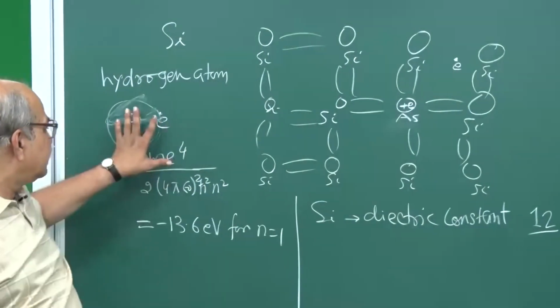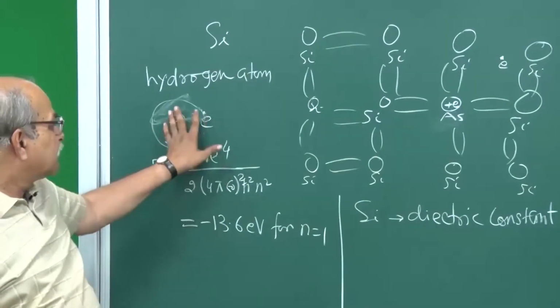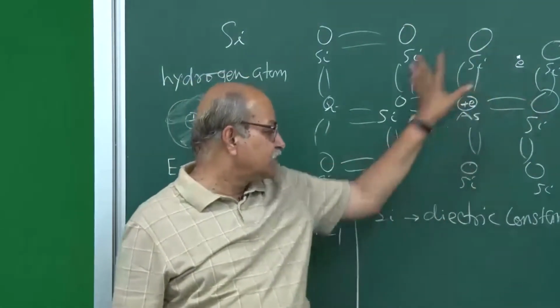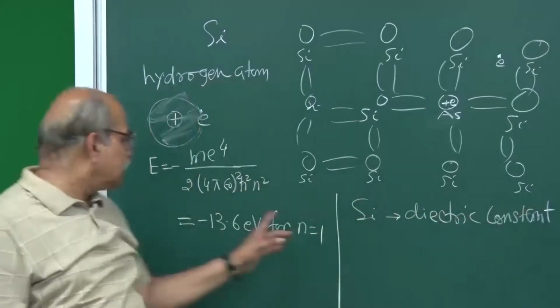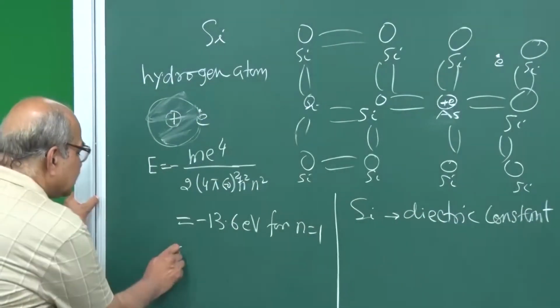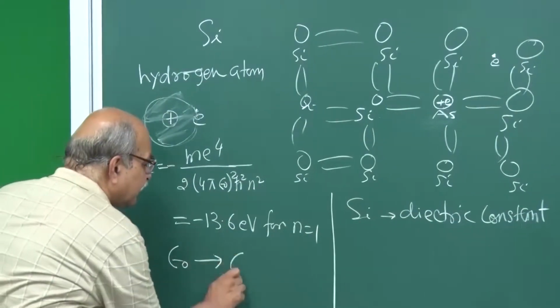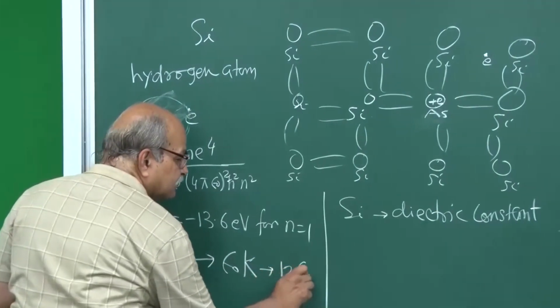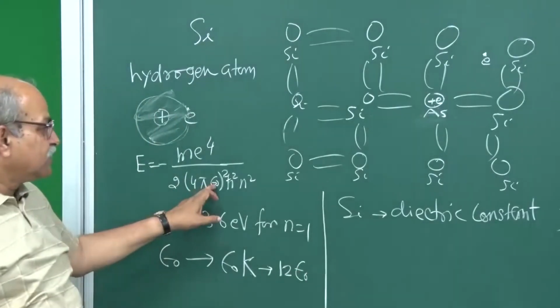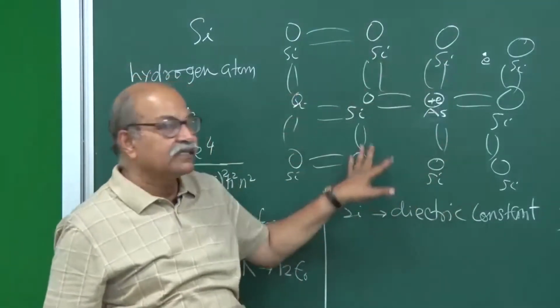Here it was free space, but here this whole space is a dielectric with a dielectric constant of 12, so this epsilon naught should be replaced by 12 times epsilon naught. So that's one modification. It's not in free space, it's in silicon.